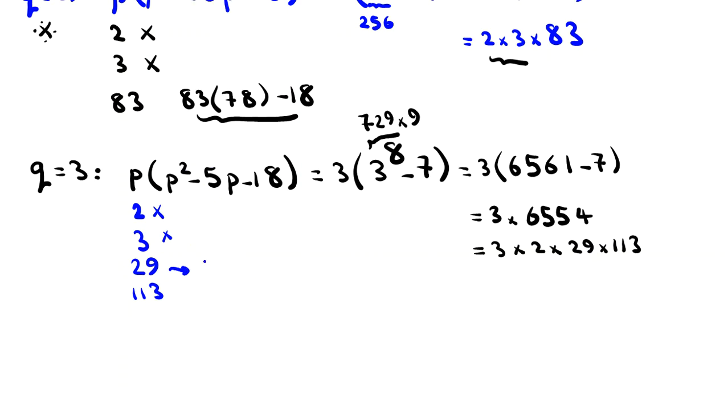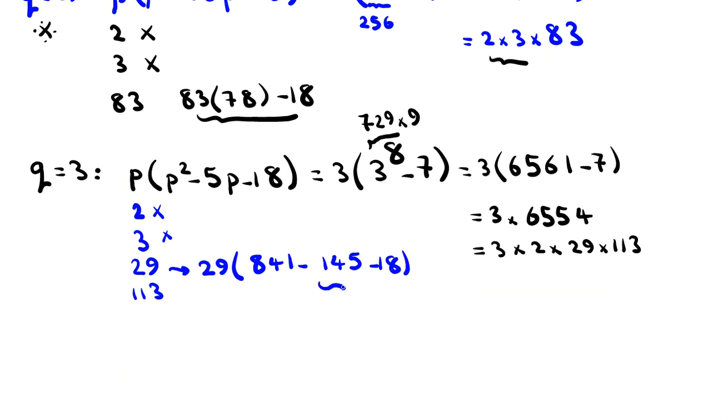So here it will be what? 29 times 29 squared is 841 minus 5 times 29. It will be 145. We have 841 minus 145 minus 18.